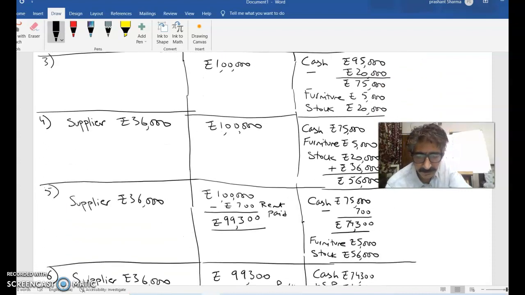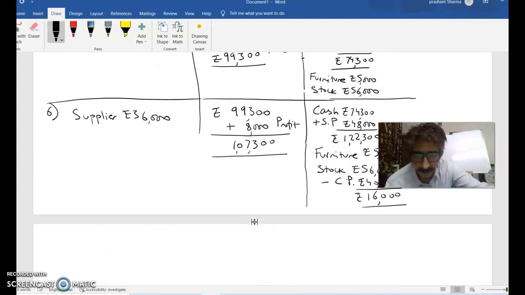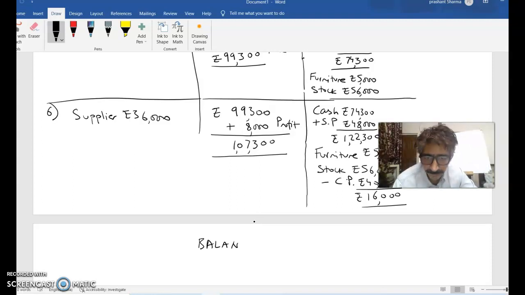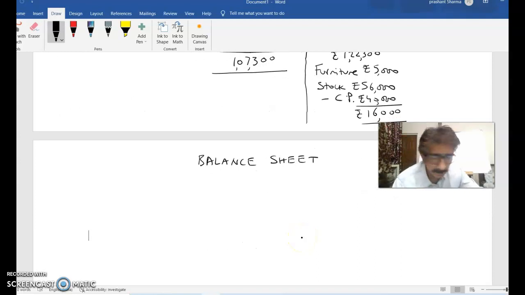On the next page, from the previous one, at the end what we do is we prepare something called balance sheet. I'll explain the concept of balance sheet in the same question, which is very important. Balance sheet is prepared on the basis of this accounting equation, children.